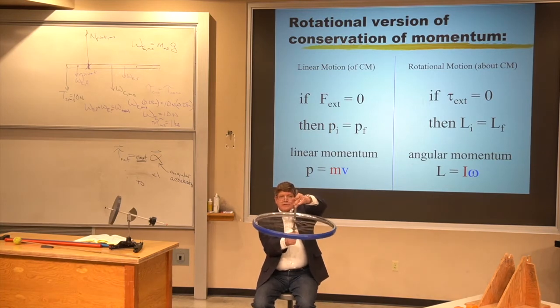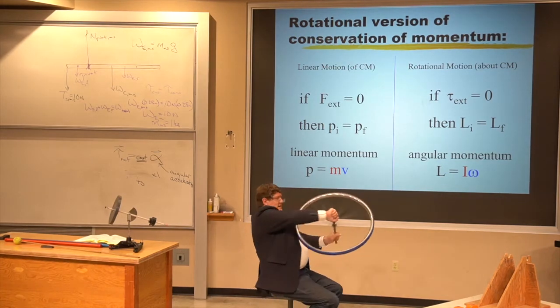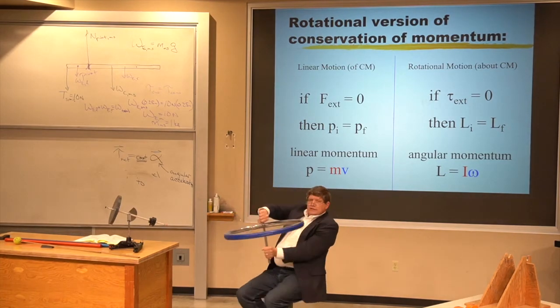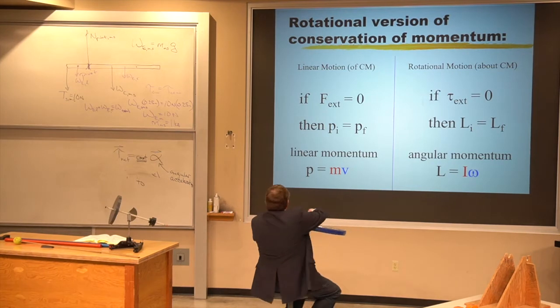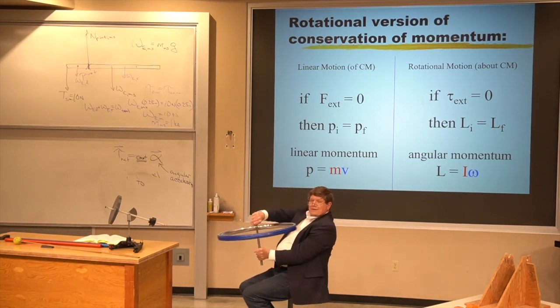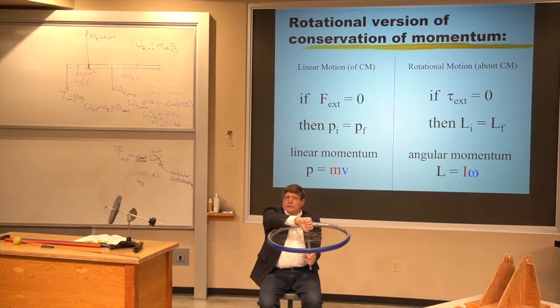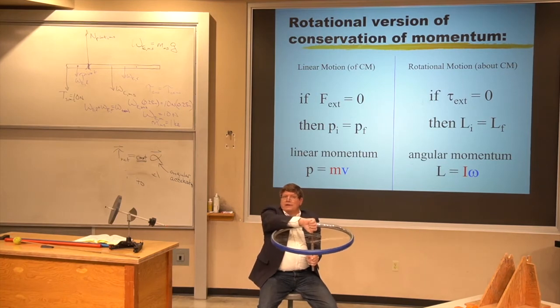Now I've isolated myself by putting myself on this stool that is free to rotate. Now if I force this wheel to go upside down, I suddenly change its angular momentum from up to down. Well, the angular momentum of the system has to remain up. And so I have to start spinning in the original direction of the wheel.